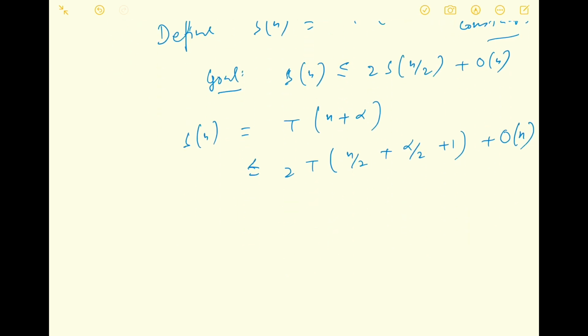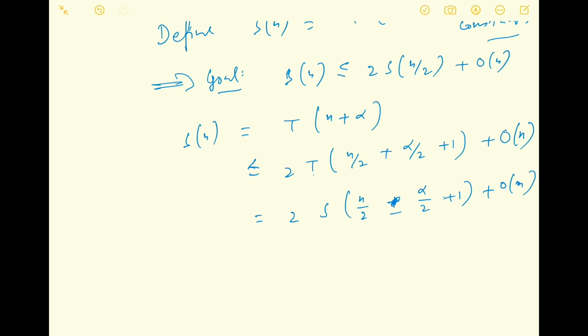Let's write this T in terms of S, because our goal is this. We will write the right hand side using S. So twice S(n/2) plus, minus alpha by 2 plus 1, then Sn.